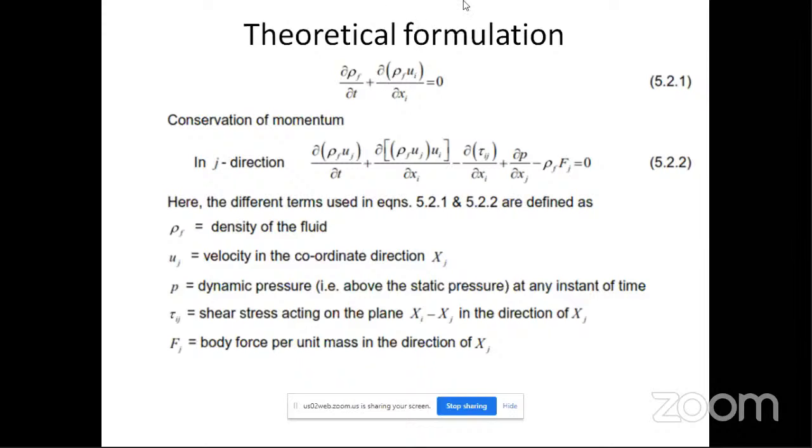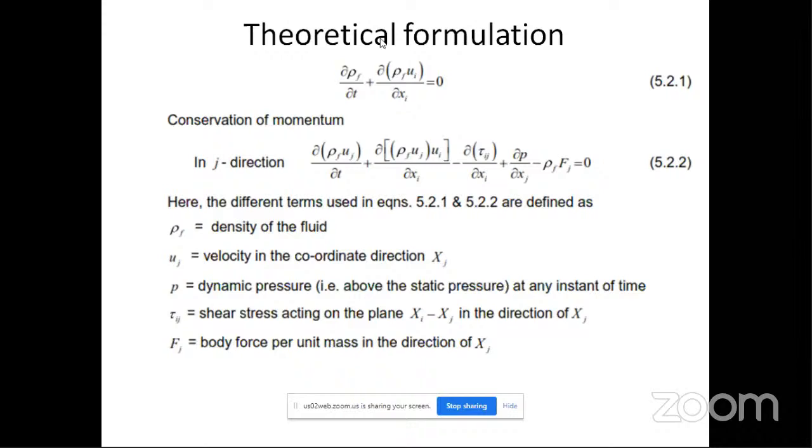The conservation of momentum is written in index form. For example, the second term is del rho by del xi, rho f, uj ui. It covers all i and j, and i and j should not be the same for the term.